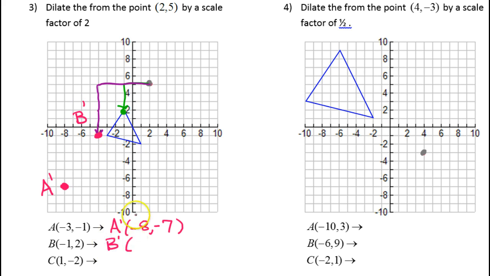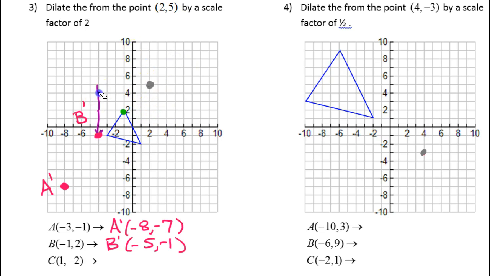And B prime has the coordinates of negative 5 comma negative 1. Alright, great. Uh-oh, I just erased my center. I better put that back. Let's see. The center is the point 2 comma 5. So that should be right here.